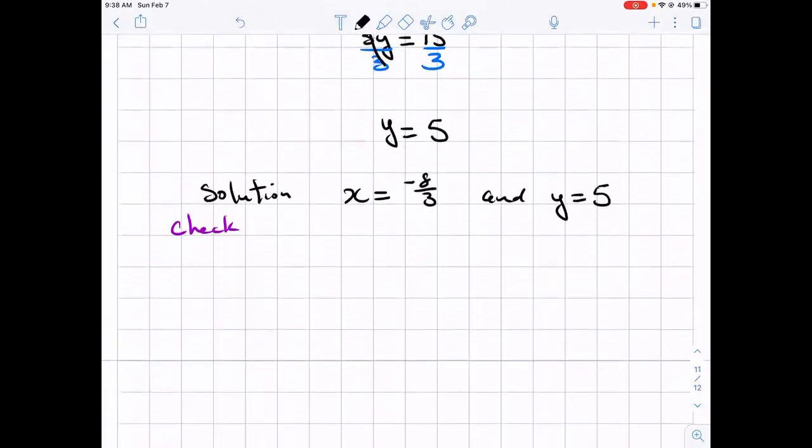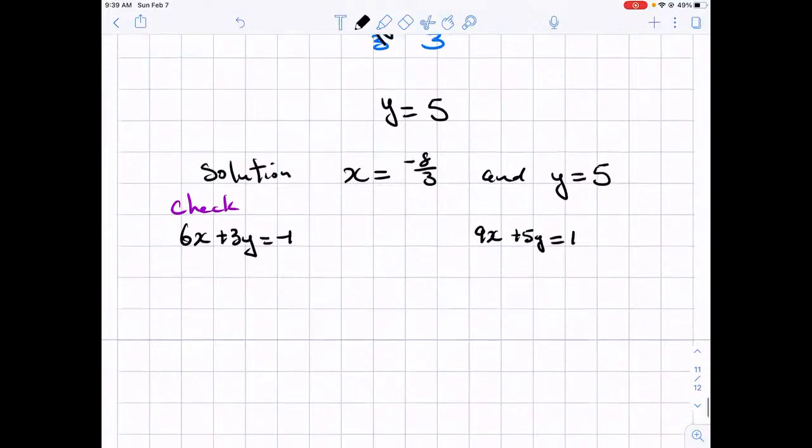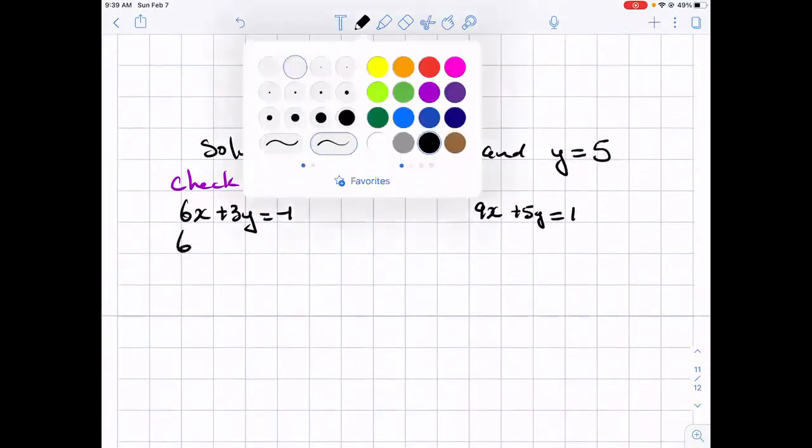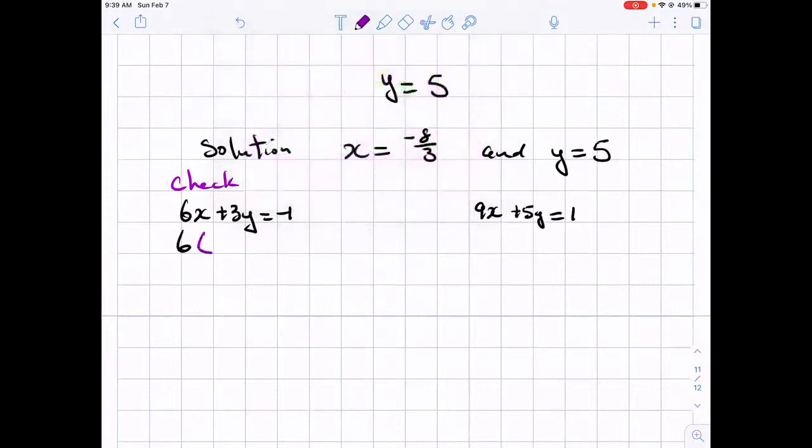So 6x plus 3y equals -1, and we also want to check 9x plus 5y equals 1. So let's do it. I mean, we have a fraction. It's a little bit technical, but we can do this. -8/3.